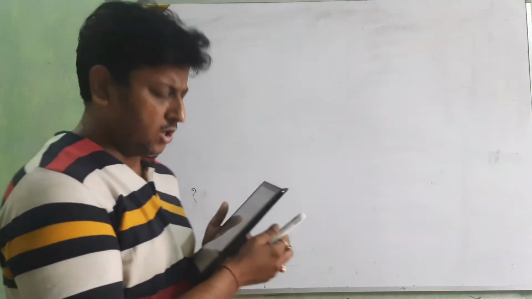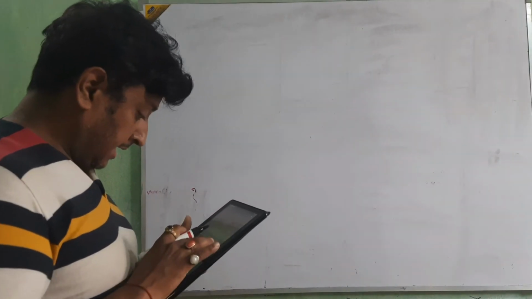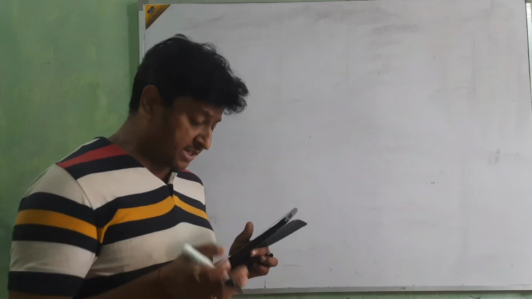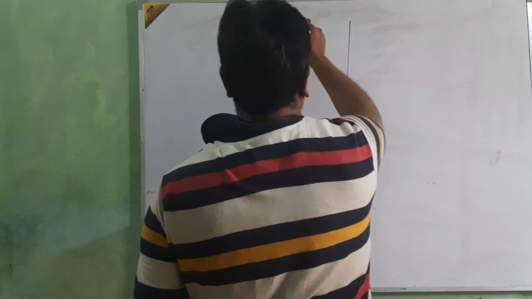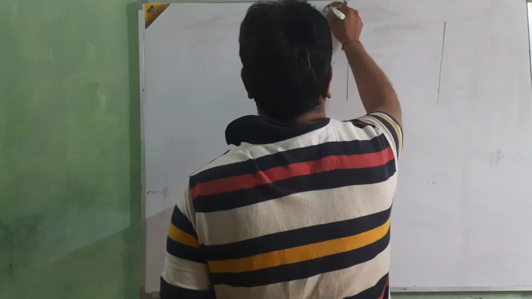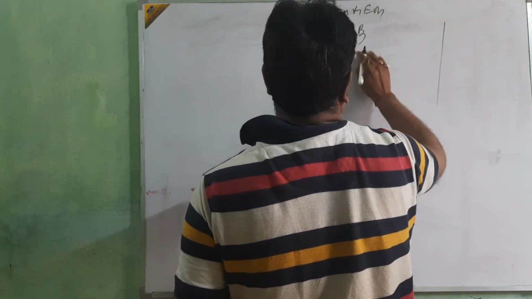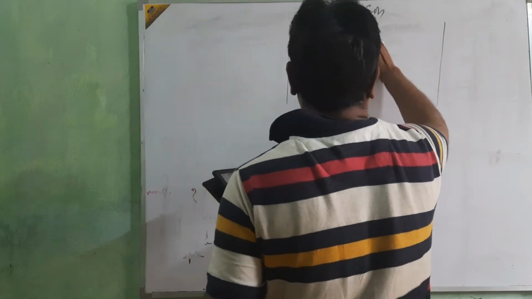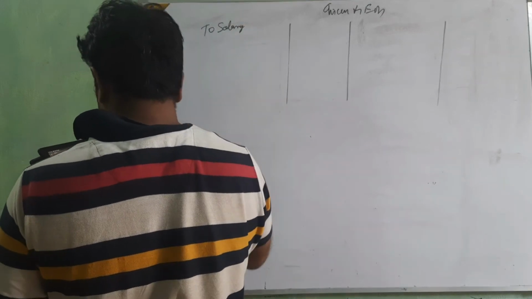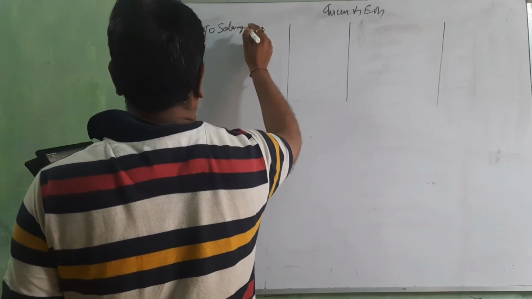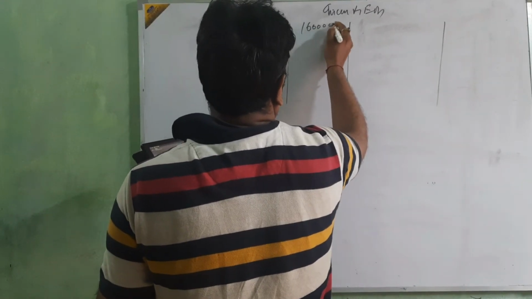Okay. You already solved this question, but I will explain this type of question again. Here salary is given, and its outstanding and advance are given. So in the income and expenditure account, how do we show it? To salary, that amount is 1,60,000.